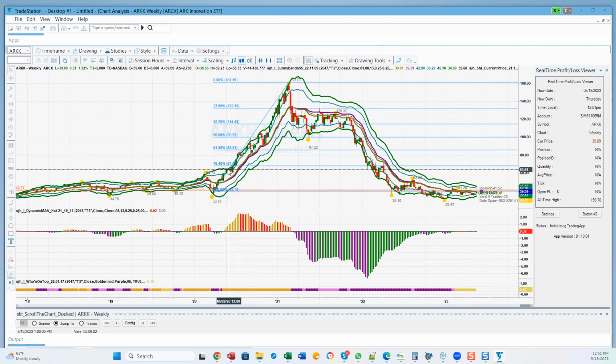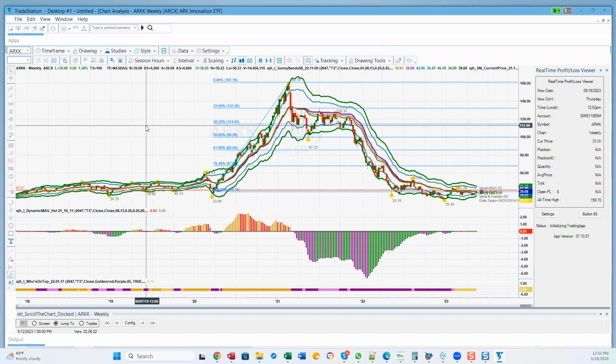You see the confluence of price, preponderance of price right there. That wouldn't be unheard of, but her biggest holding is Tesla, so she's kind of stuck with a lot of Tesla, and Tesla isn't doing all that well.